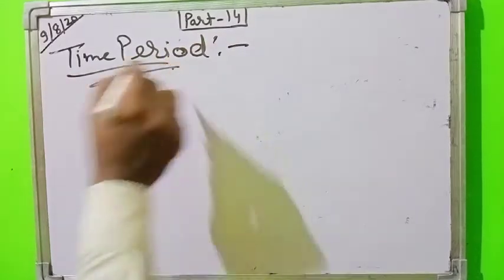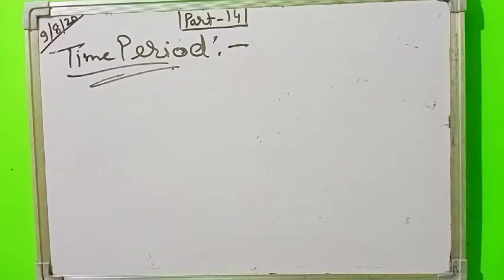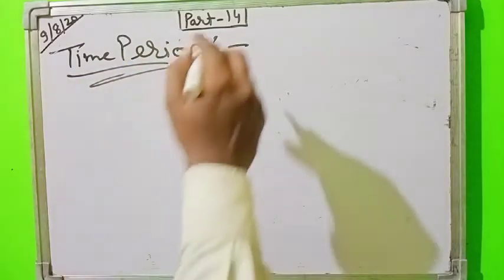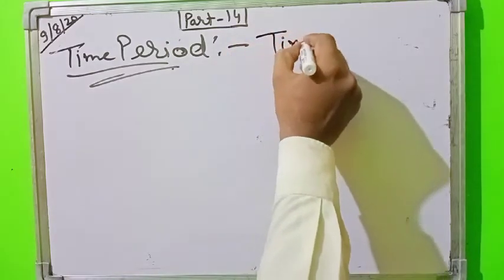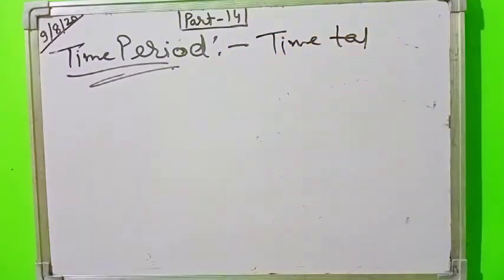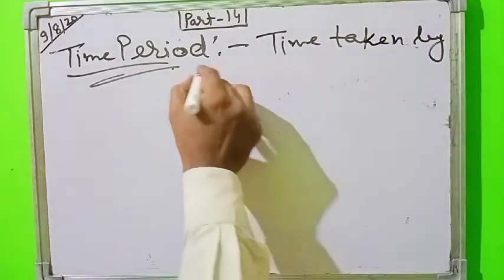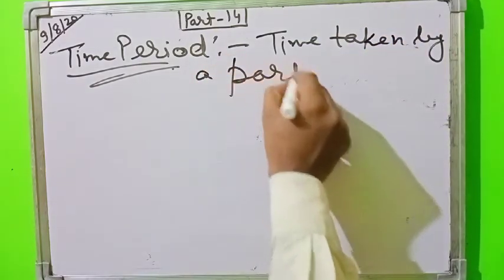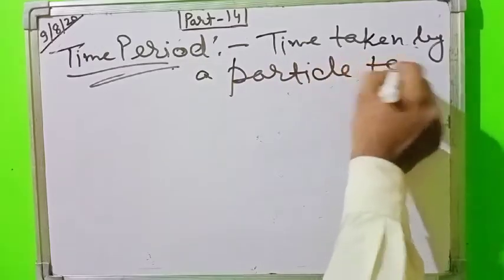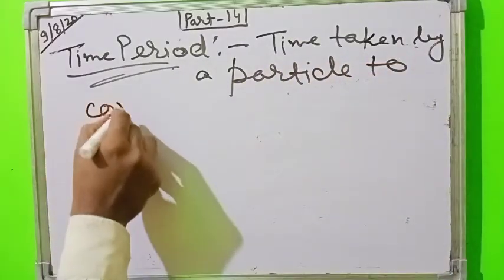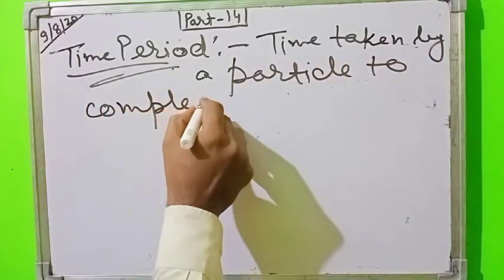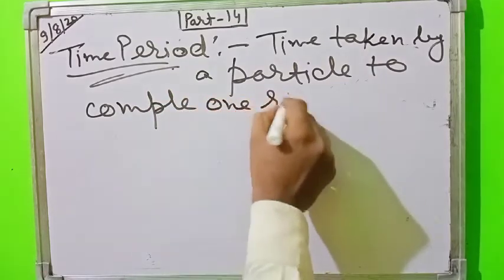Time period is the time taken by a particle to complete one revolution.